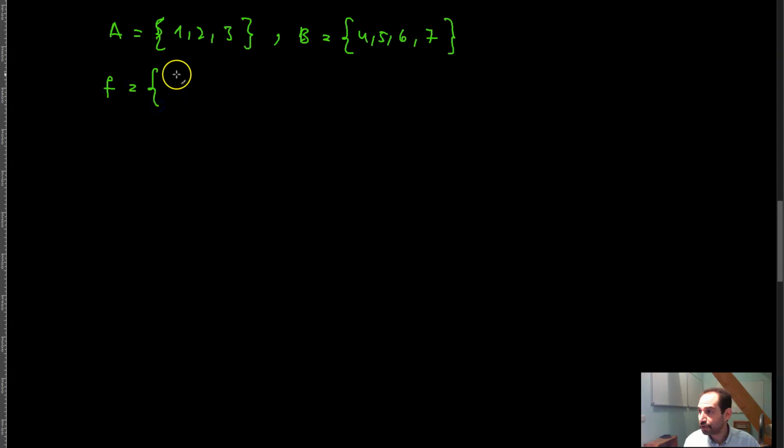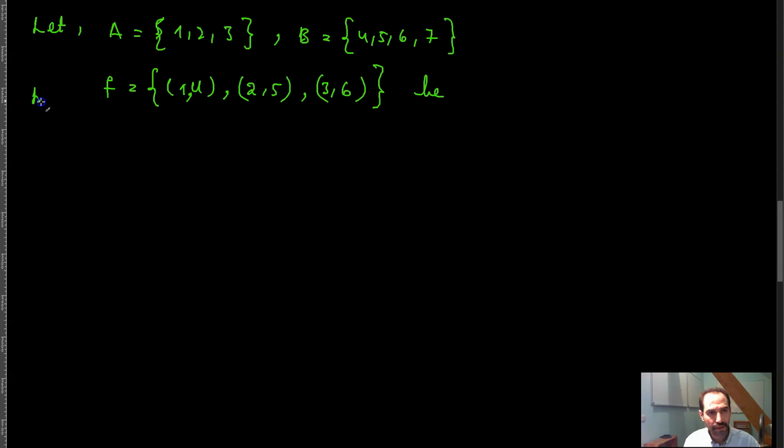We have, for example, let A be equal to {1, 2, 3}, and let B be another set, {4, 5, 6, 7}, and let f as a function be equal to {(1, 4), (2, 5), (3, 6)}, be a function from A to B. Show that f is 1-1.